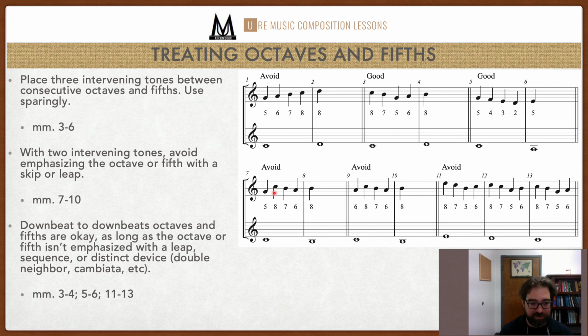So if I play measure 7, that really emphasizes the octave. It brings attention to the octave because of that leap, and that makes this more problematic. Same thing here. We have an octave and an octave with only 2 intervening notes.